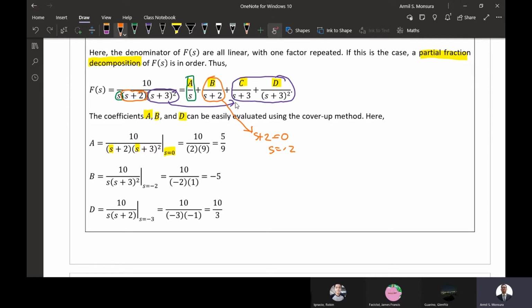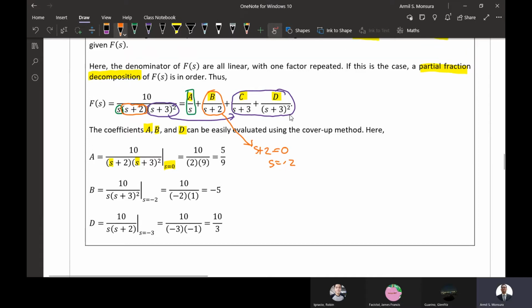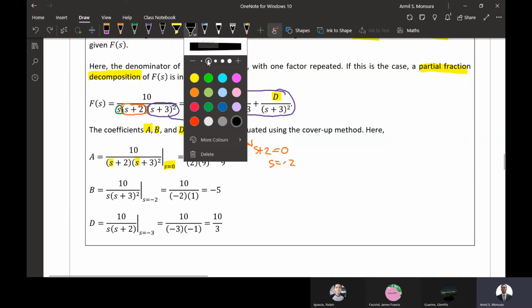May isa pang maiiwan. So, hindi pwede. Kaya dito muna ako sa D. Kasi yung D, may S plus 3 squared, patatakpan ko siya ng buo. So, again, yun nga yung gagawin natin. Then we will have to cover up yung S plus 3 squared dito.